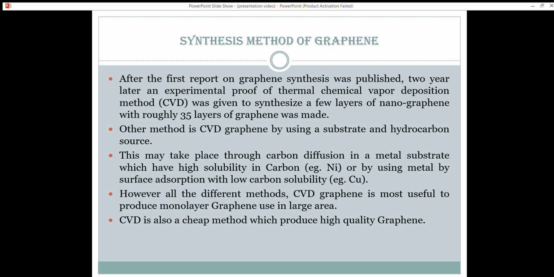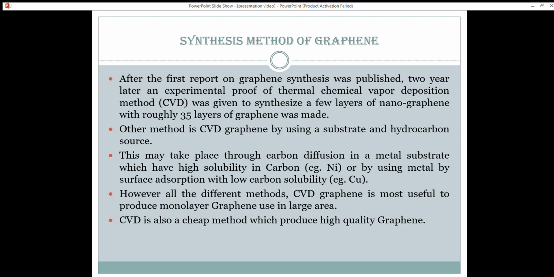This may take place through carbon diffusion in a metal substrate which has high carbon solubility, for example nickel, or by using metal surface adsorption with low carbon solubility, for example copper.